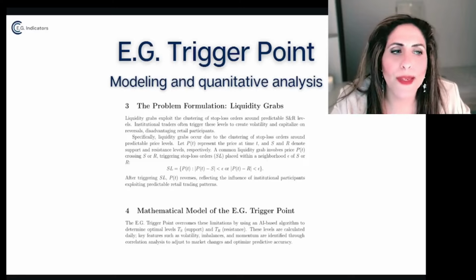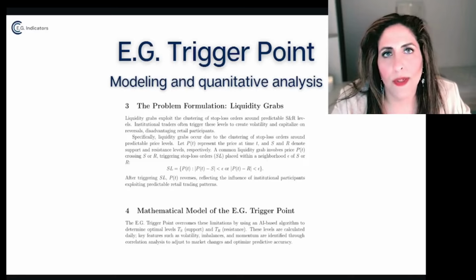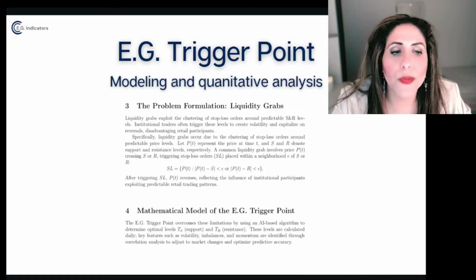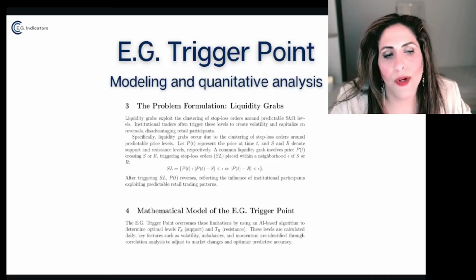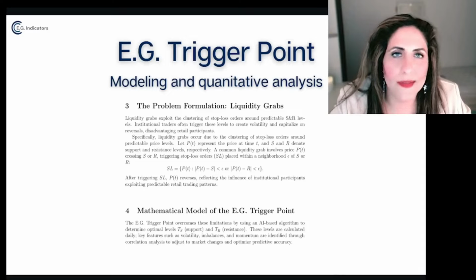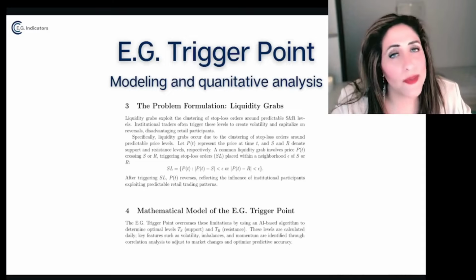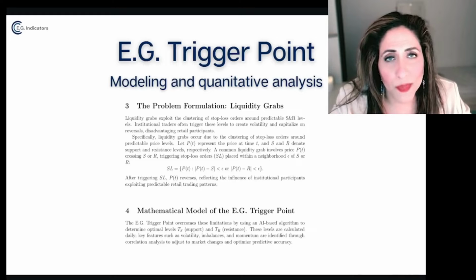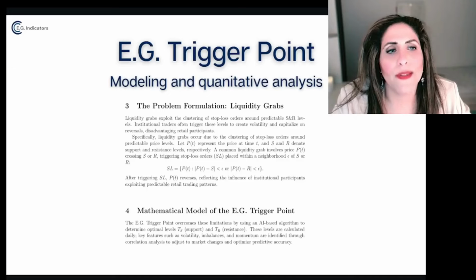Our algorithm aims at pinpointing exact significant price levels, and these are prices where the behavior of the market is more expected and less random based on several features, based on deep market and historical market data.